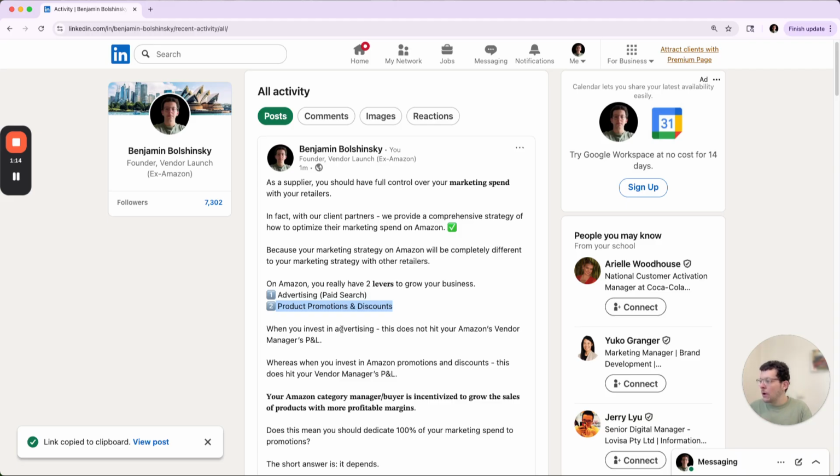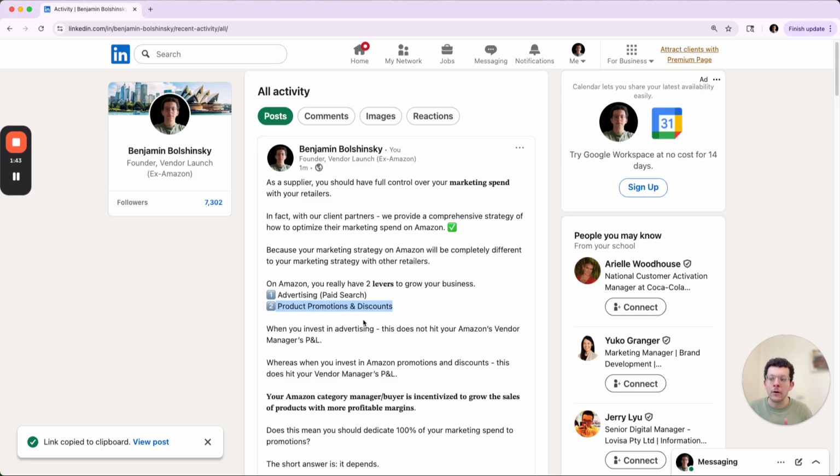So they're two categories, two levers that you have with your Amazon vendor account. Now, you obviously have a vendor manager, a category buyer, category manager. This doesn't even apply to just Amazon, this applies to retail media in general. You've got a category manager or a buyer who influences what products and how much product the retailer will order. When you invest in product promotions, discounts, your 30% offs, that funding goes directly to your vendor manager or category manager or buyer.